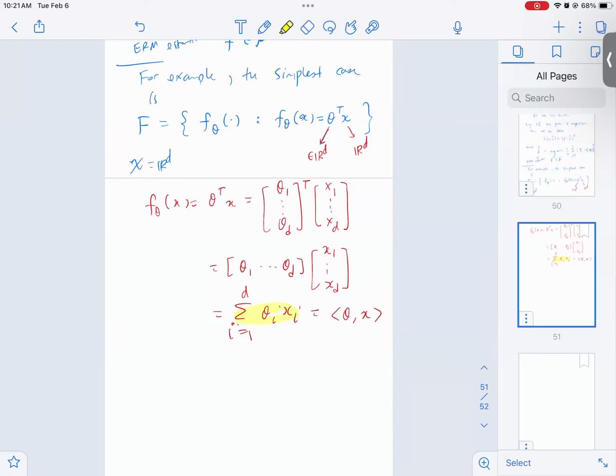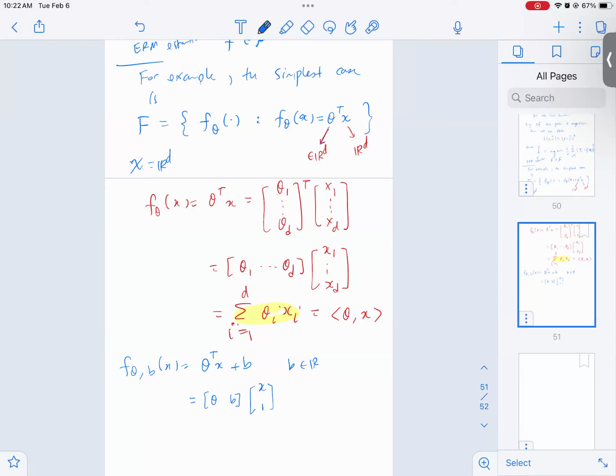So that's the general form for a linear function. Oftentimes you'd add an intercept as well. So you would look at f theta and b, let's say, that looks like theta transpose x plus b, where b is a scalar, b in R. In practice, we'll do that, but for now, I'm just going to drop this. There are easy ways of absorbing this by introducing an extra feature of 1. So you can write it as theta and b, and then x and 1.